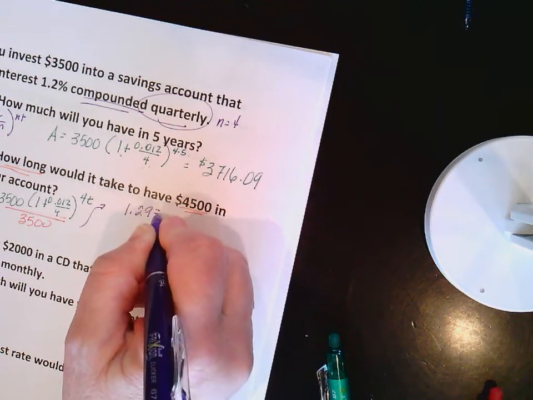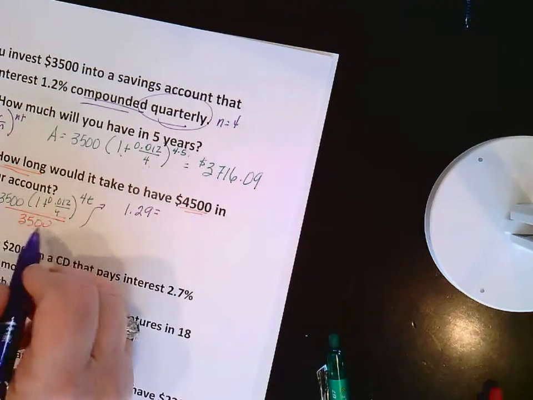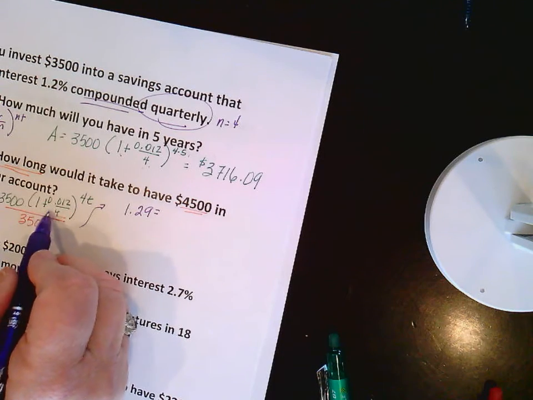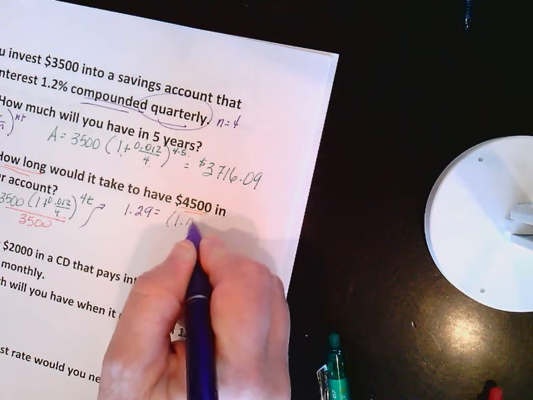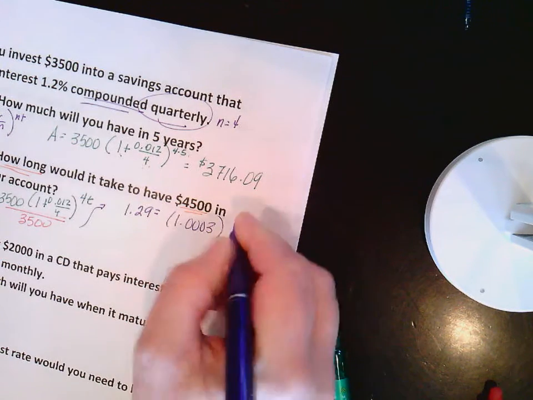And then 1 plus 0.012 over 4 is 1.003 to the 4t.